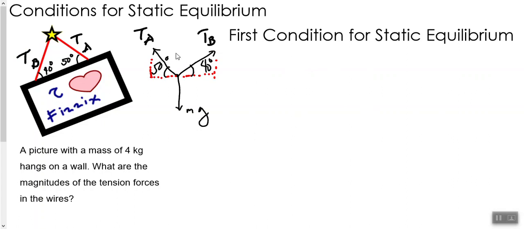Drawing the free body diagram, let's label this as tension A and this one as tension B. We have tension A here at 50 degrees, and then tension B here, and we have the force of gravity of the picture frame. So that's our free body diagram.